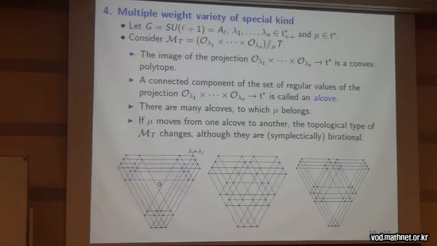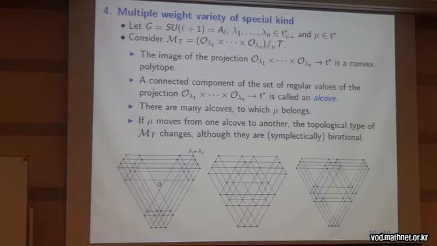So, as you know, there are many alcoves to which mu can belong. Recall that the multiple weight variety here is the inverse image of the projection divided by the action of T. So mu should be set in some of the alcoves, but there are many alcoves to which mu belongs.